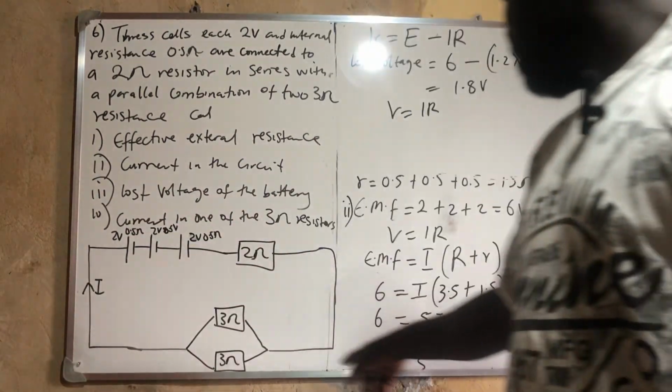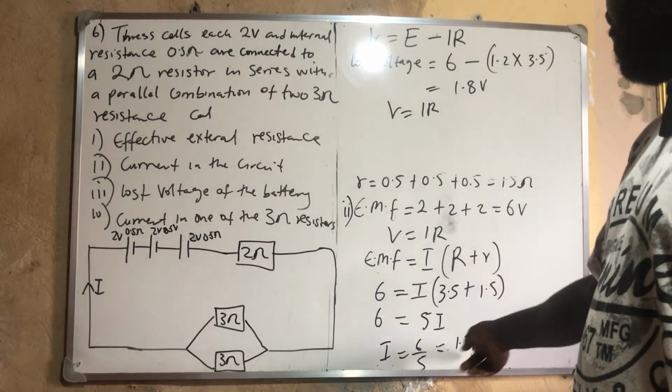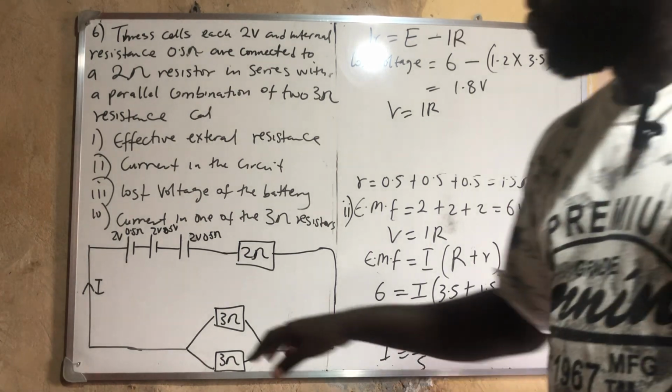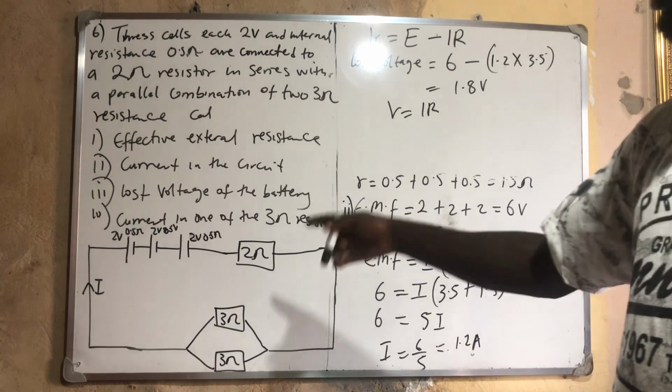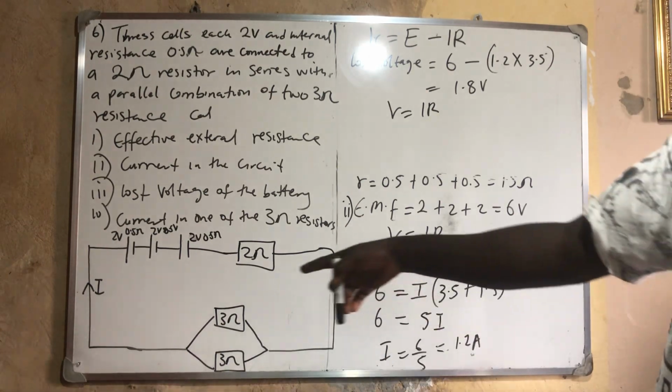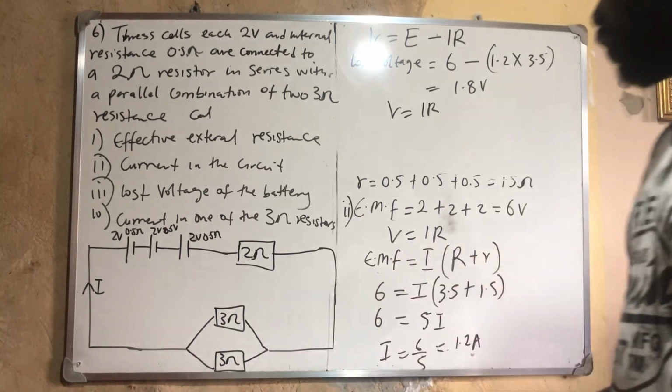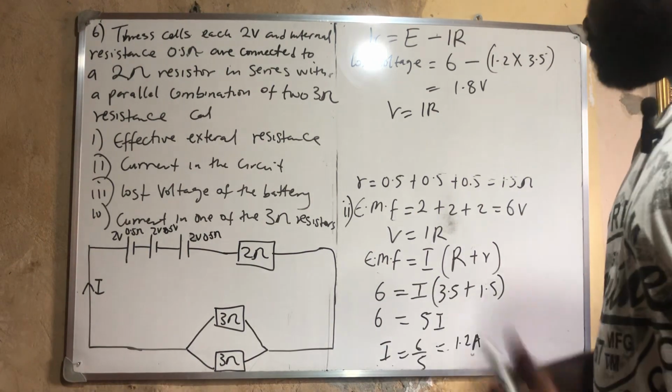The current that is passing through this circuit is what? 1.2. So 1.2 is what is entering here. It is being shared there, and they are of the same ratio, 3:3. So just divide it by 2. The current that passes through each of these is 0.6. Divide it by 2 because they are equal.